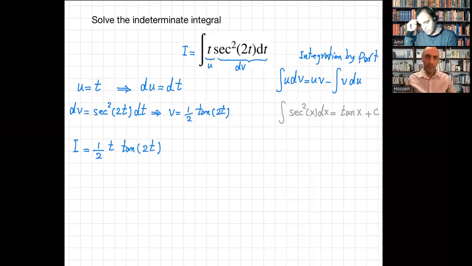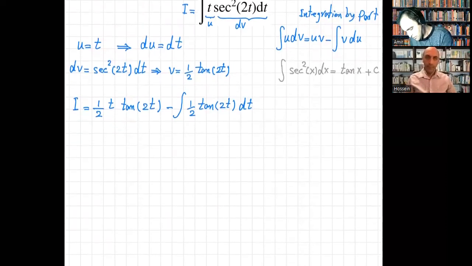That's u times v, minus v du. So it's going to be v, 1/2 of tangent of 2t, this one, times du, times dt.